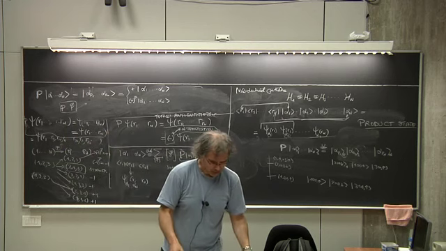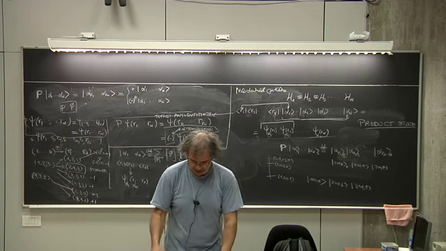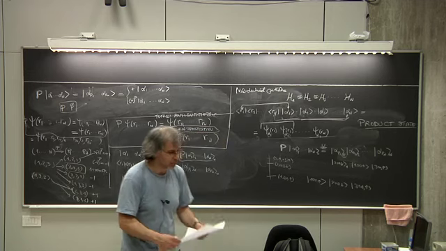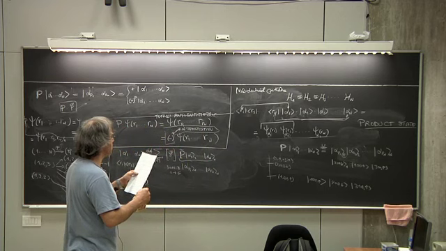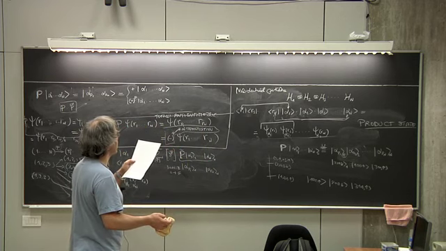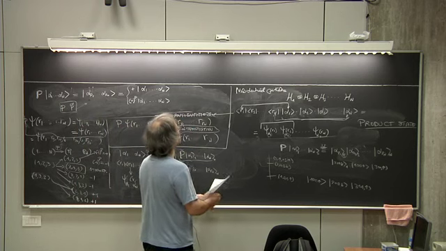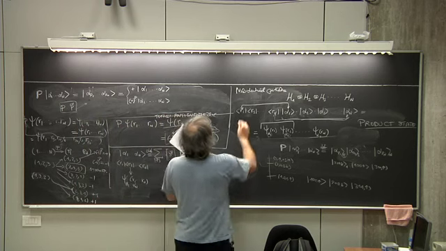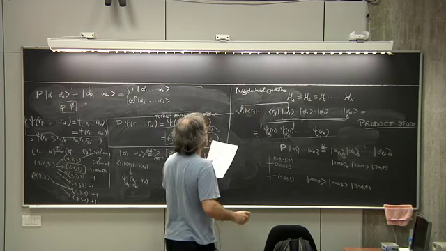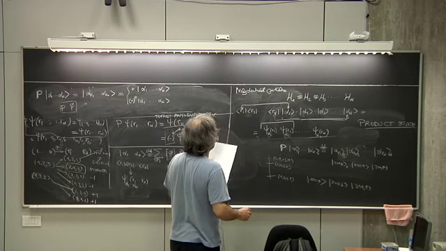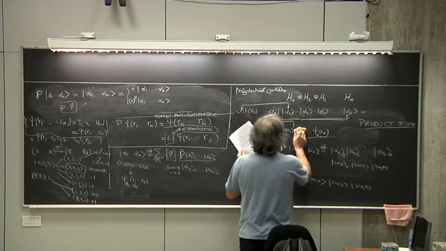Since I want to go very slowly in this part, I think it's a good exercise. So let me just start doing simple things. Suppose that you have 3 particles, and now you have, therefore, 3 states, alpha 1, alpha 2, and alpha 3.